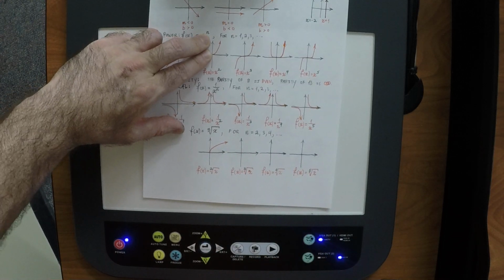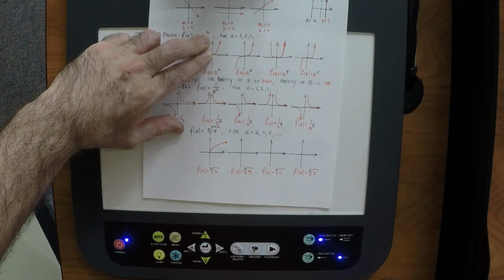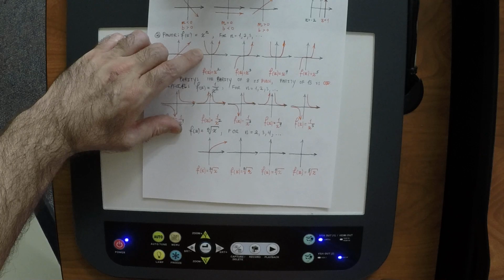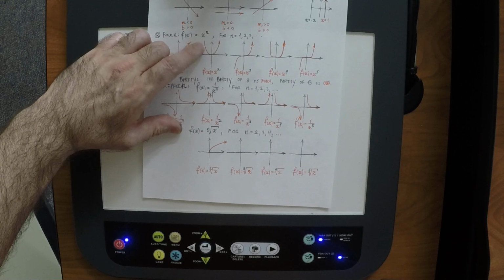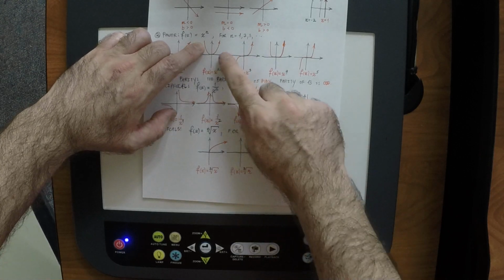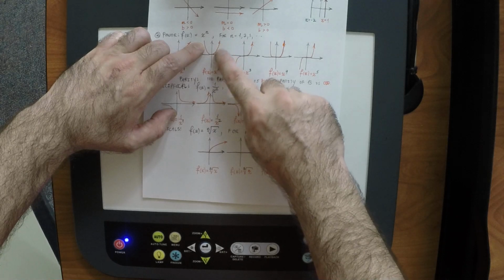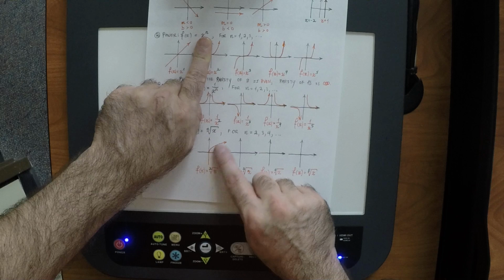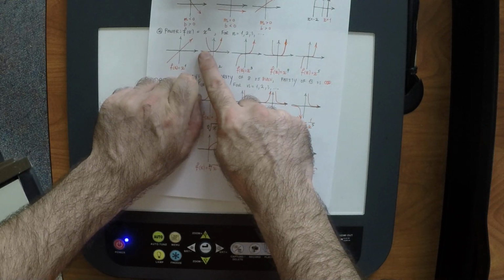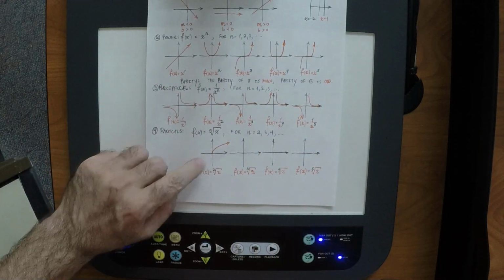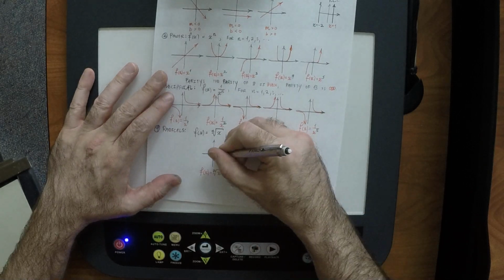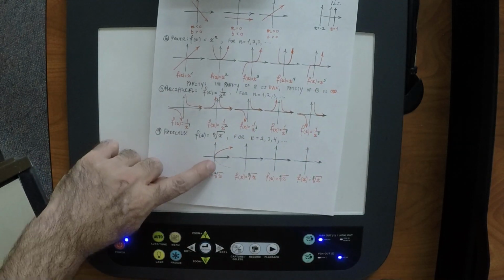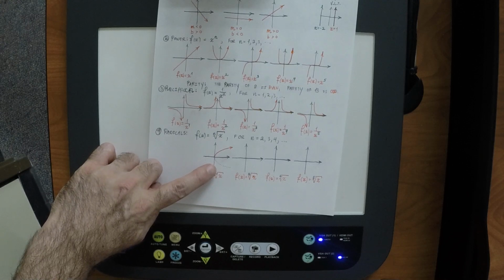Now what I want you to observe is, what if we tried to keep both sides of the parabola? This left side of the parabola, if we were to try and keep it, and since we've identified this part of the parabola with that part of the square root, where would this part of the parabola go? It would go like this, right? Now imagine that dash was actually there.